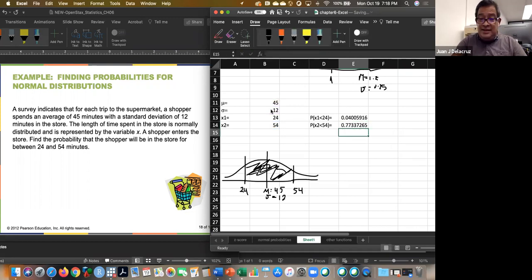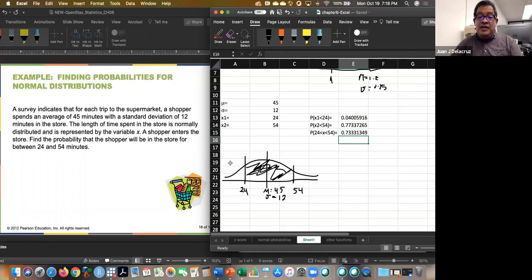So the probability that X is going to lie between 24 and 54 is going to be nothing else but I'm going to subtract the lowest from the highest. So I'm going to say the highest minus the lowest, right? So that's going to be my area under the curve, right?